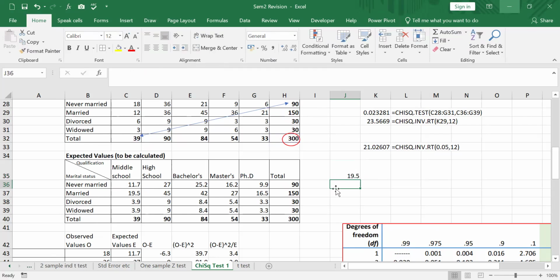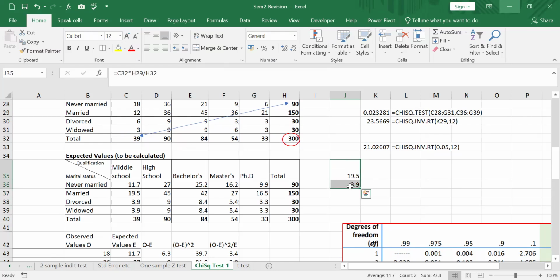So 19.5. What will be the next one? It is equal to 39, which remains the same, times the divorced row total, divided by 300.